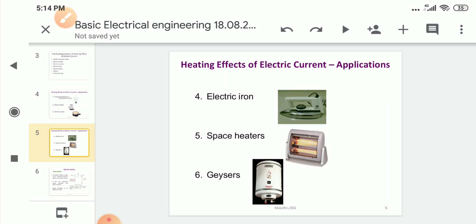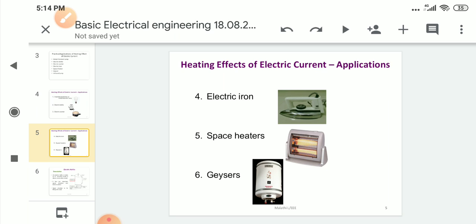In our appliances like fan, bulb, motor, if it is heated, then we call it heat losses. But though we call it losses, we also have applications. In the iron box, we want that heat.